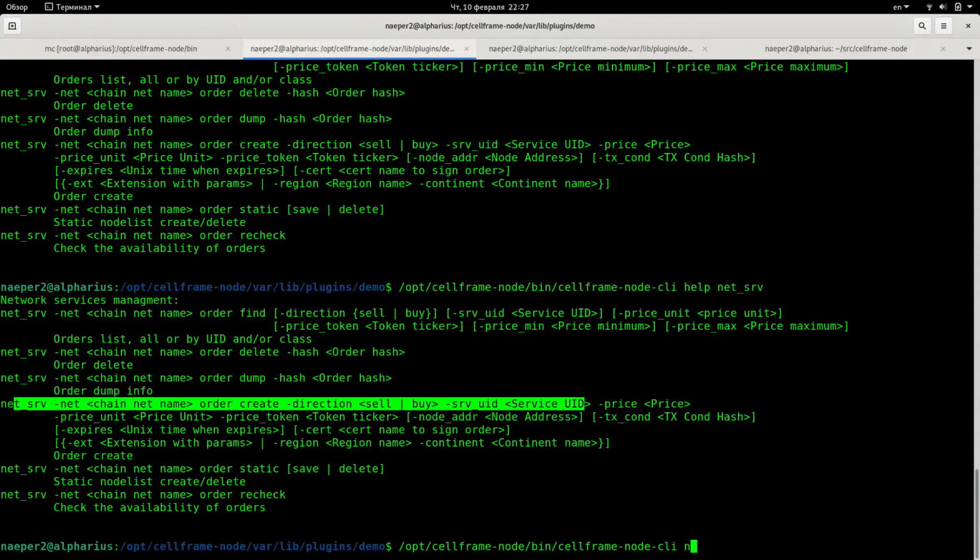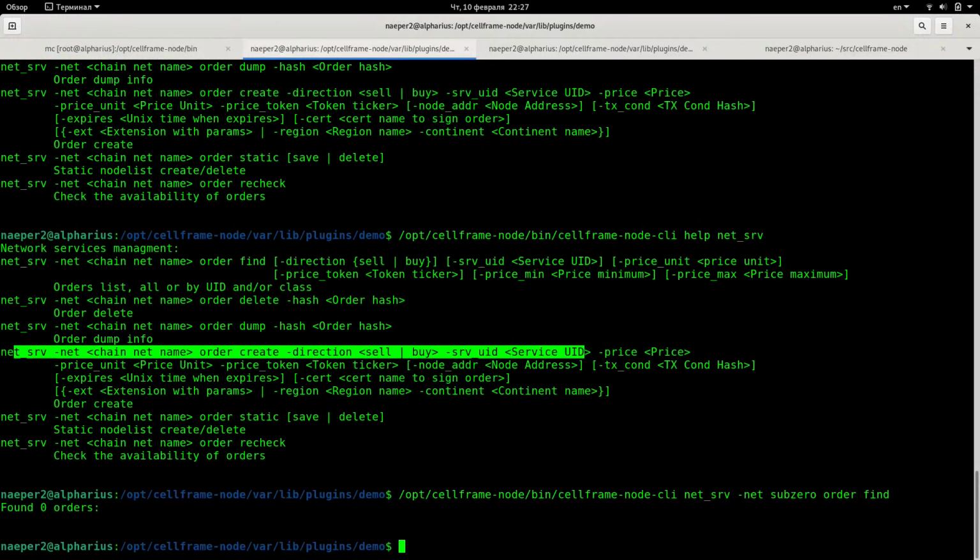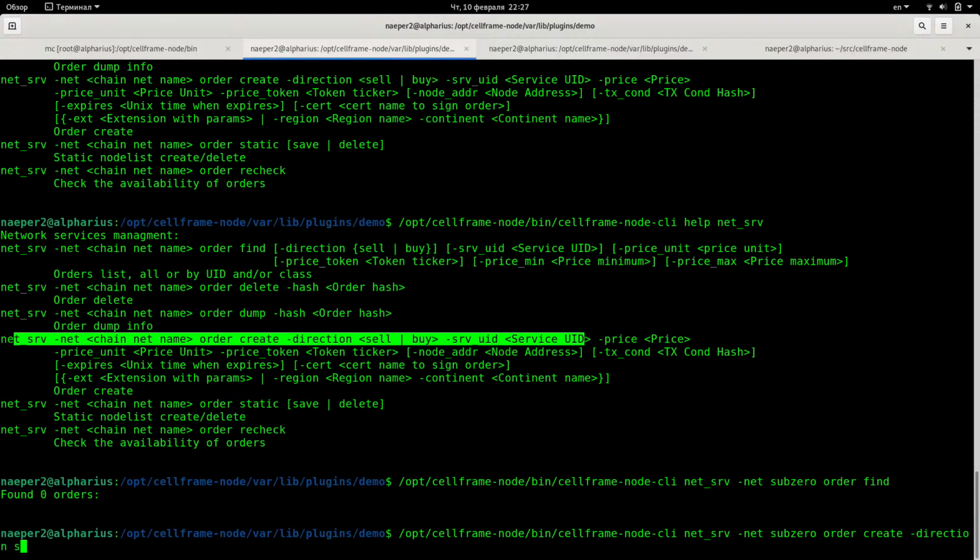So first, let's see, have we some orders in the network already? Sub-0 order find. Node 0 orders. Key from create direction cell.